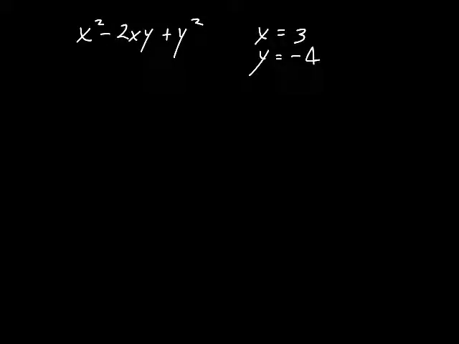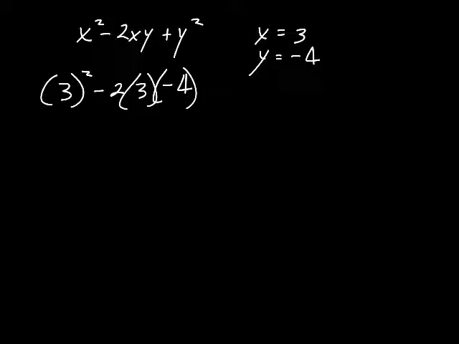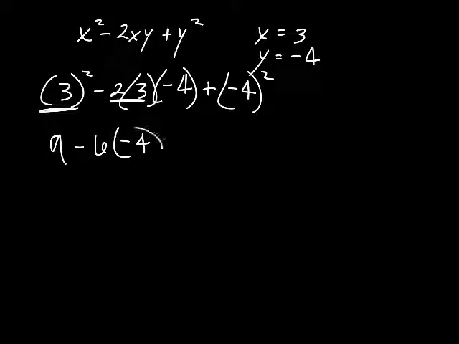Okay, so let's do that. 3, again I put it in parentheses, minus 2 times 3 times negative 4, and for y, plus negative 4 squared. Alright, 3 squared is 9, minus 2 times 3 is 6, and I'm just going to do one little bit at a time. Negative 4 squared is 16.